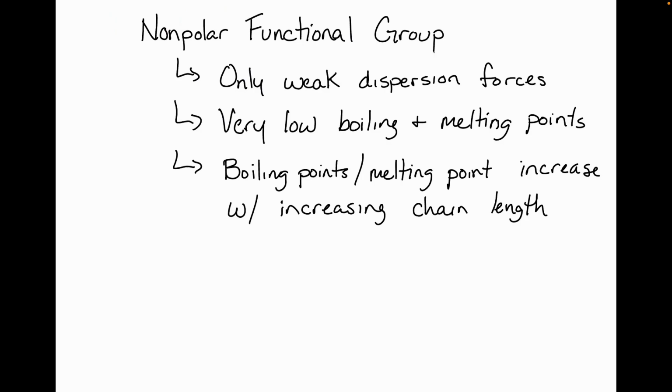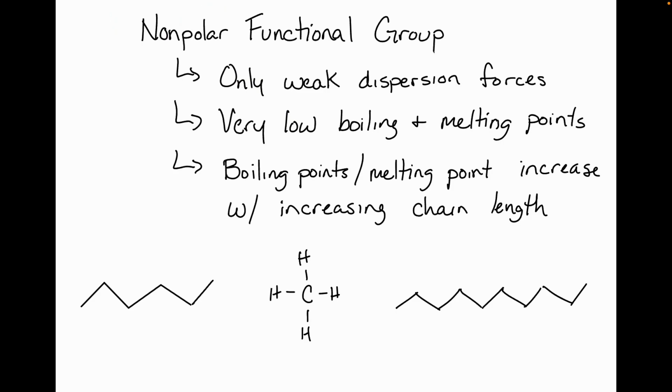For example, if we want to take a look at 3 different alkanes here, we'll take our hexane with its 6 carbons. Methane is just a single carbon. And then decane with 10 carbons.